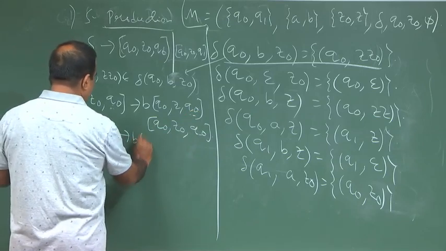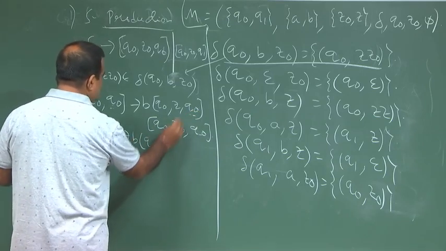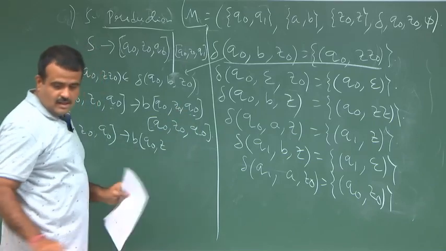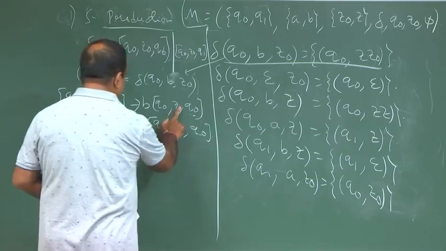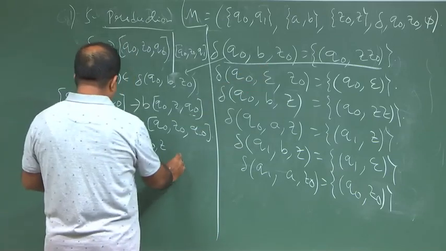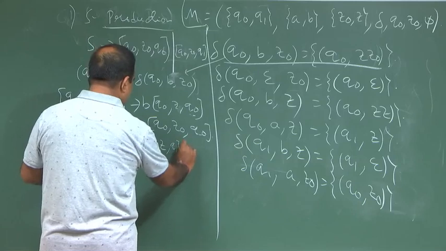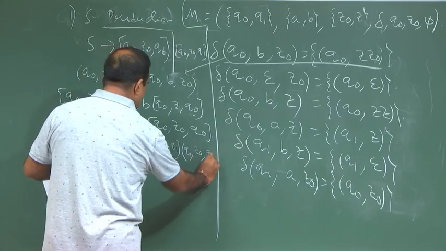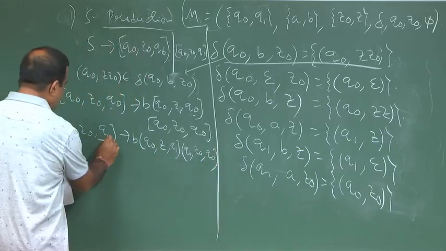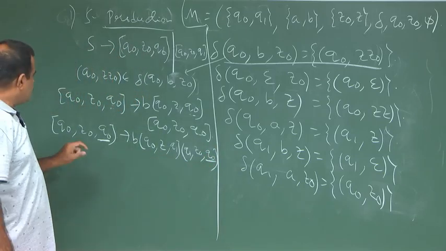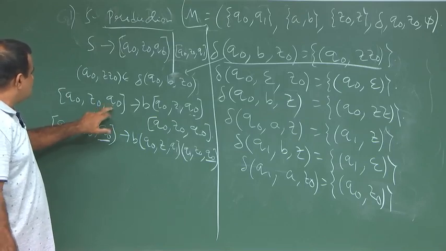So, it is going to be of q0, this is z0, sorry, earlier it was z, because z is the first one, z and q1. Then we have to take q1 first, then z0, q0, because whatever the hover state is over here, that will come here. Another two possibilities: we can take this as q1.